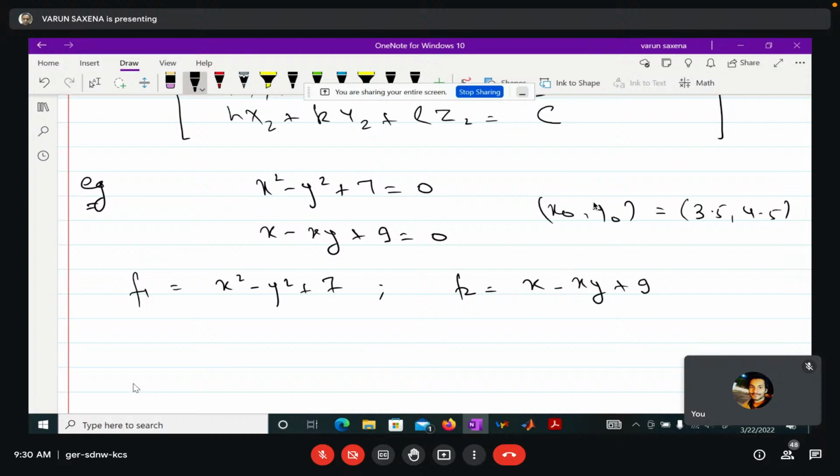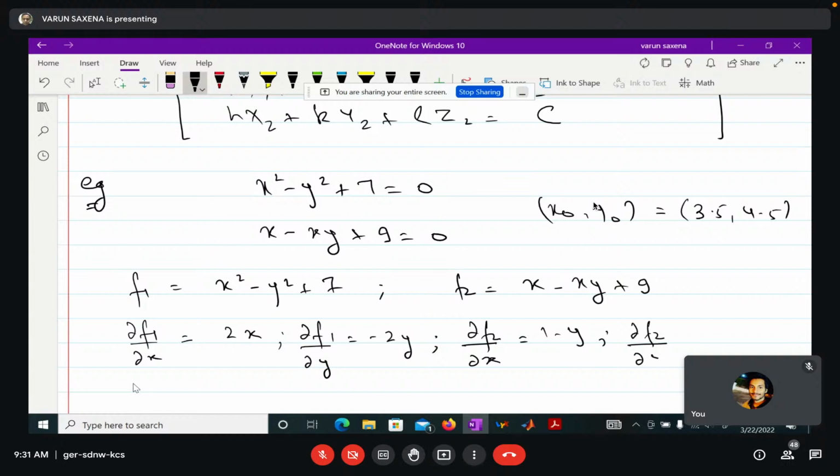So the first thing that we need to do is find those partial derivatives. So del f1 over del x is going to be 2x. Del f1 over del y is equal to minus 2y. Del f2 over del x is 1 minus y.